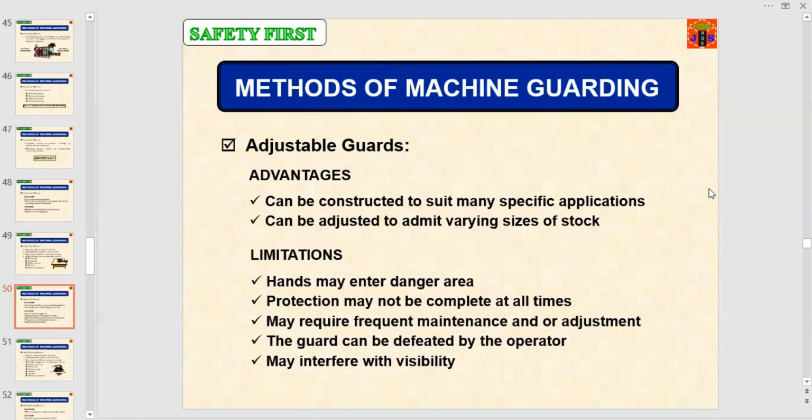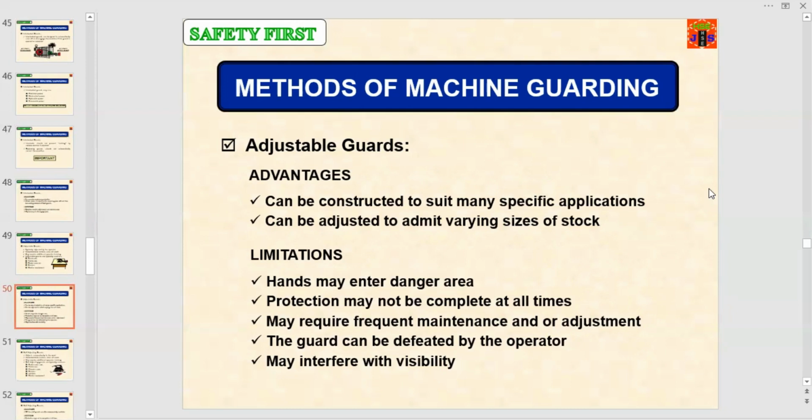Let us discuss the advantages of adjustable guards. They can be constructed to suit many specific applications and can be adjusted to admit varying sizes of stock.